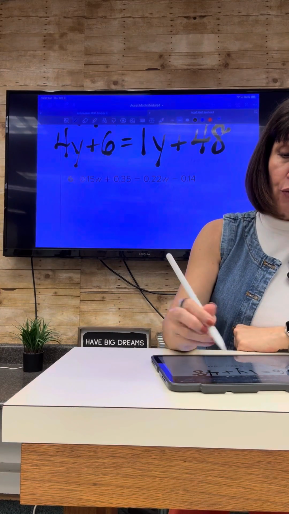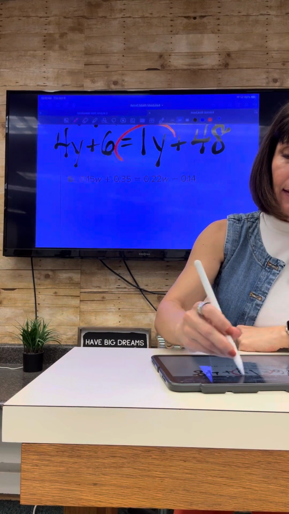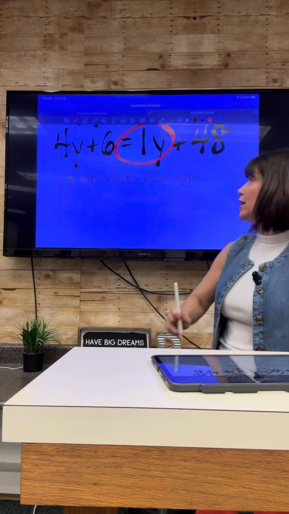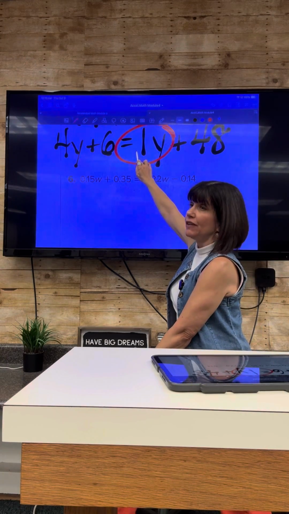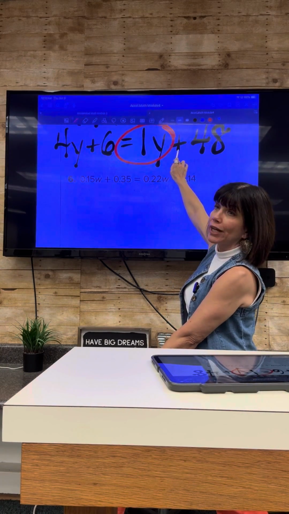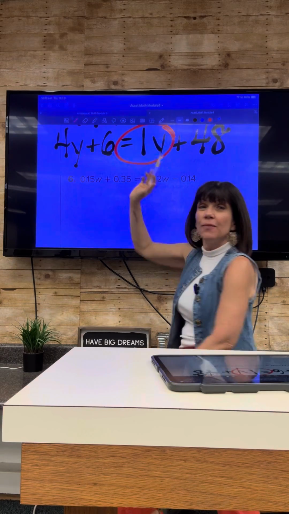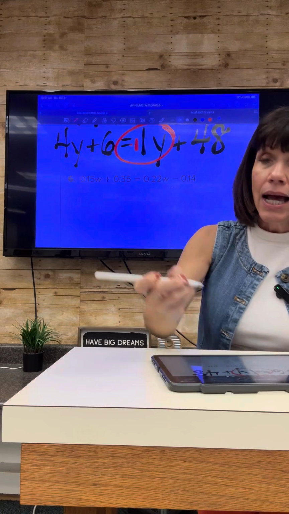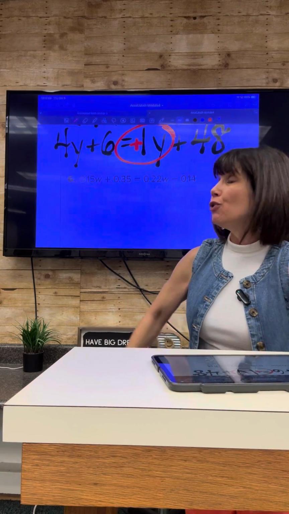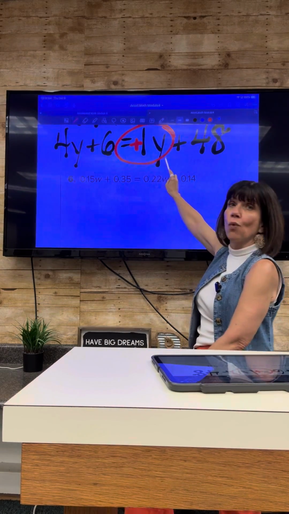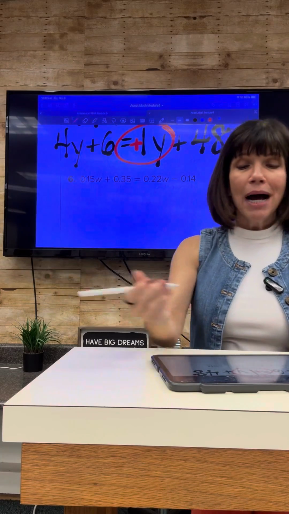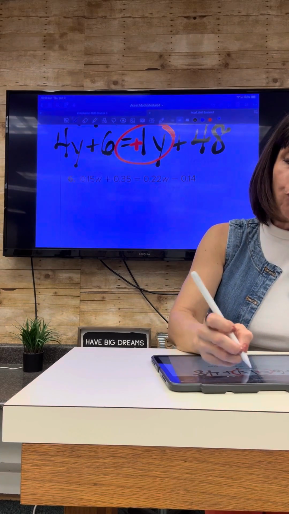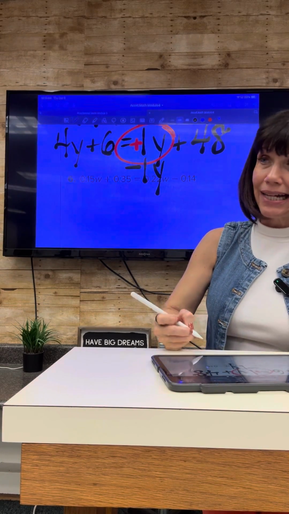So please circle your 1y. Now, in order to undo it, you've got to look in front of it, never after it, in front of it. There is no sign. If there is no sign, we know it is a plus. How do I undo plus 1y? Say it. Minus 1y.